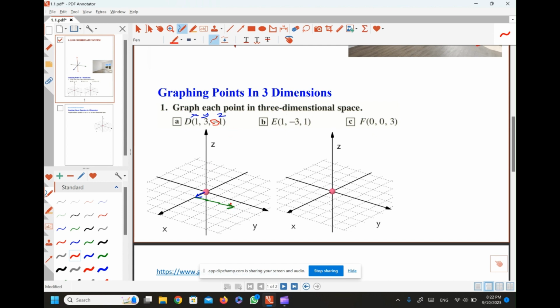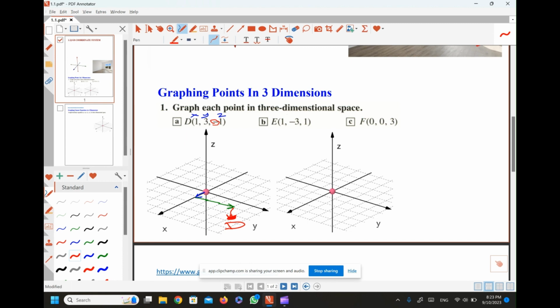Normally z is going up, but since our number is negative, we go down. So let's go 1 unit down. You are here approximately. This is where your point D is. This is the location of point D.